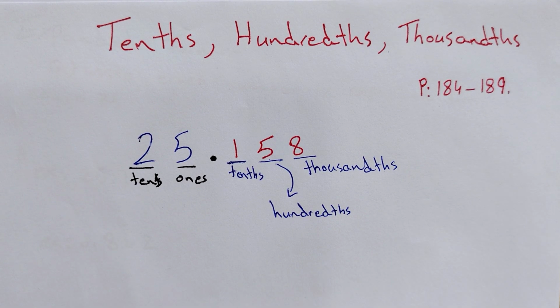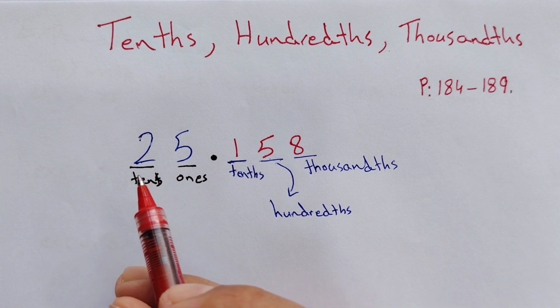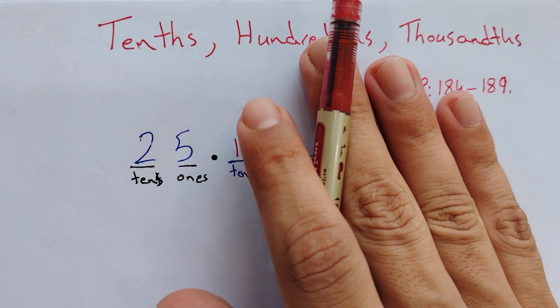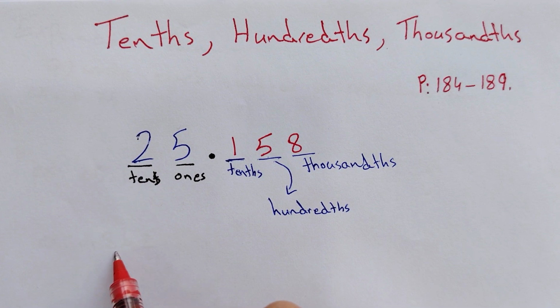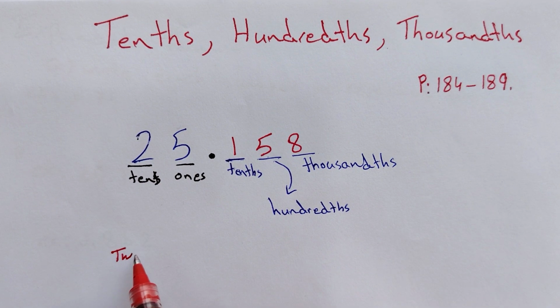Okay. So now if we want to read that number, if we want to read any decimal numbers, first we read the whole numbers alone. Now, what whole number? We imagine that the decimals are not here. What whole number do I have? We have 25.